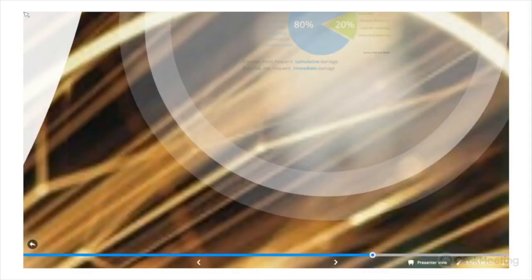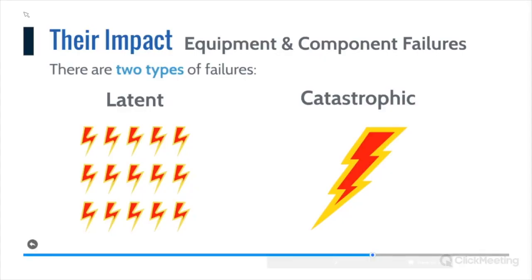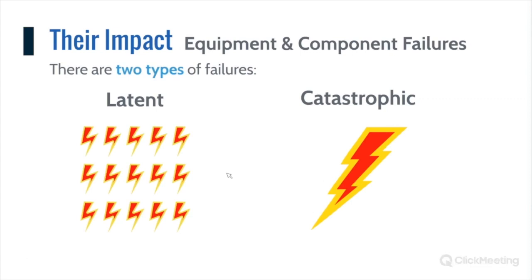So here's a little illustration about these latent and catastrophic events and the types of failures. And I'm going to use the mouse to move around. And I'm sorry if there's a delay because we've got people all over the place logged in. But latent is, think of latent as all these small little spikes.